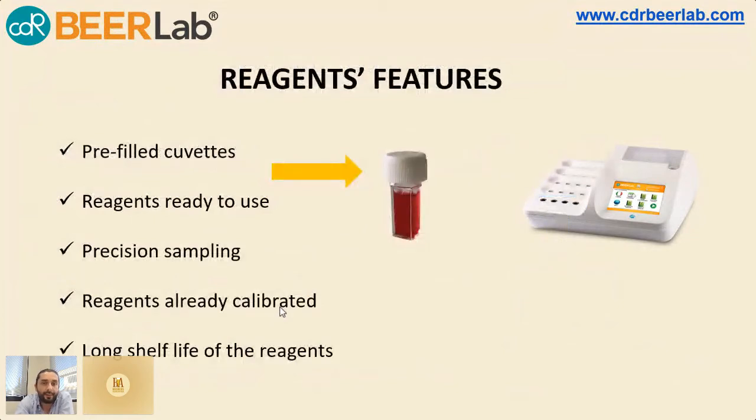Okay, here we have the reagents features. As I told you, CDR produces both parts, analyzer and reagents. We produce reagents in pre-filled cuvettes. The reagents come in packages of 10 tests, so inside you find 10 pre-filled cuvettes ready to use and already calibrated.